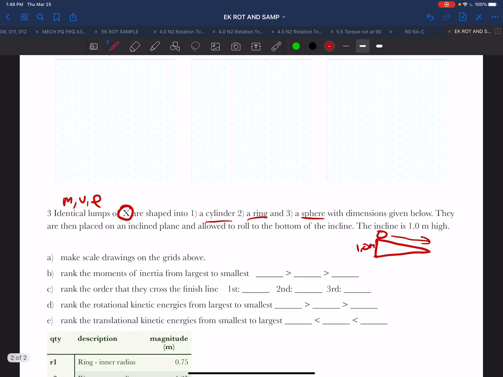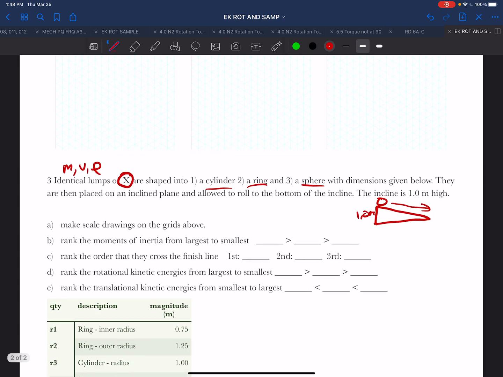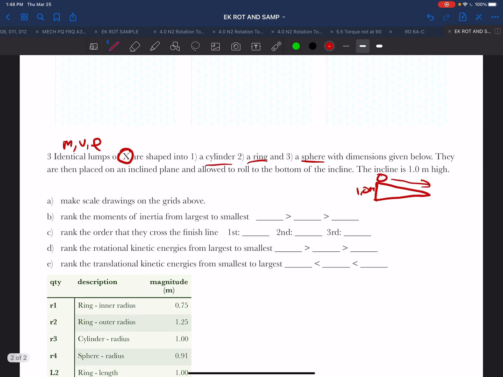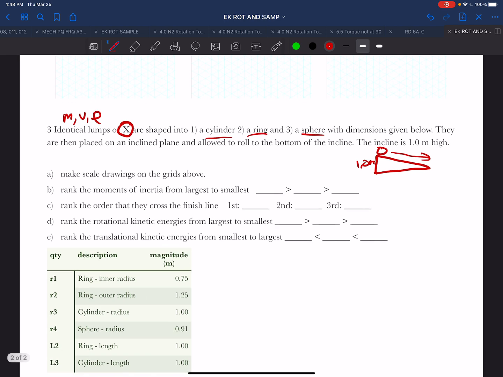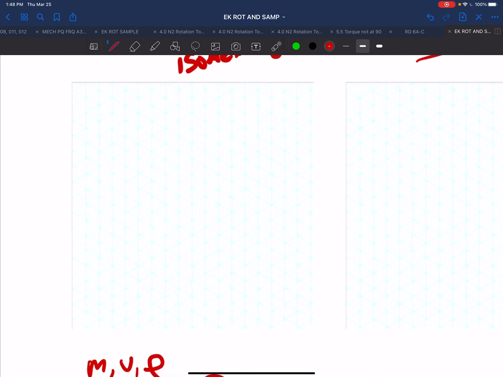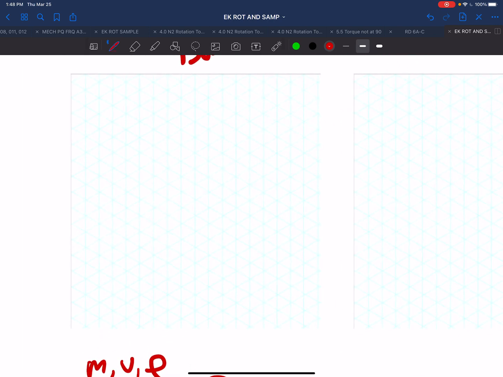So our cylinder is first. Our cylinder has a radius of 1 and a length of 1. And if we look at all the dimensions here, the largest we have is 1.25. So here is our grid. I'm going to darken the lines we want so we can get 3-dimensional axes.